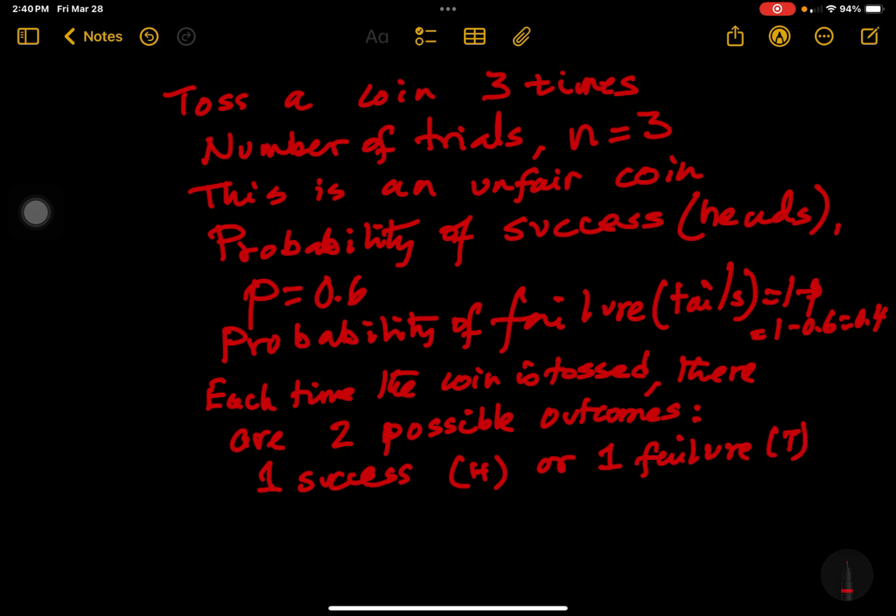Since I am tossing the coin 3 times, each time I toss the coin there are 2 possible outcomes.